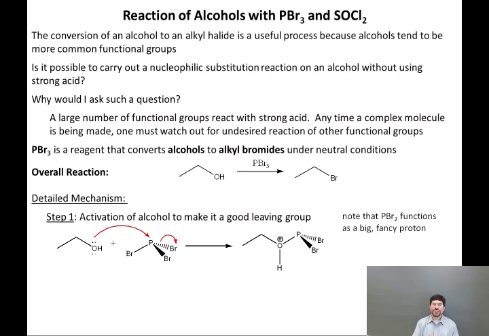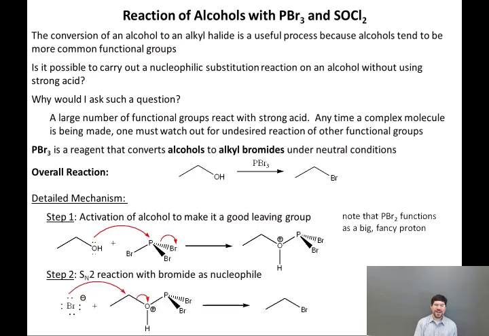It is interesting to note the similarities of this reaction to the protonation with HBr reaction. You have a very similar structure in which the PBr2 fragment is functioning as a big fancy proton.